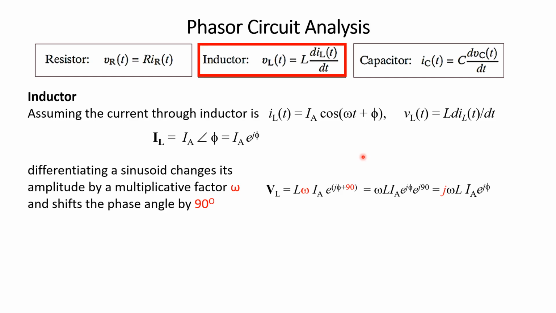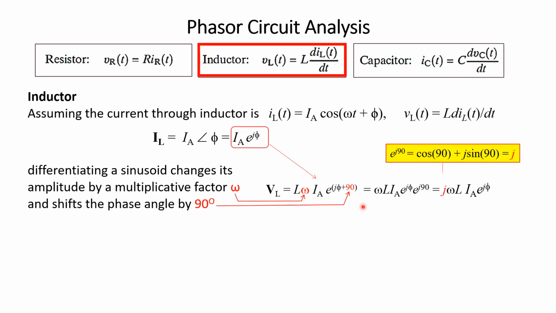So as V_L is L di/dt, this is di, this is d/dt, the differentiation in phasors, so it is multiplied by omega, and this is the angle shift of 90. Rearranging these terms, we have j omega L I_A e^(j phi). This shows that this is the multiplicative factor and this is the change in the angle.